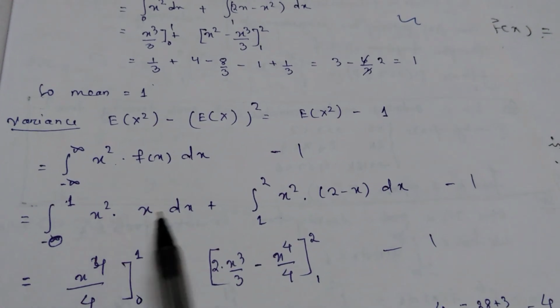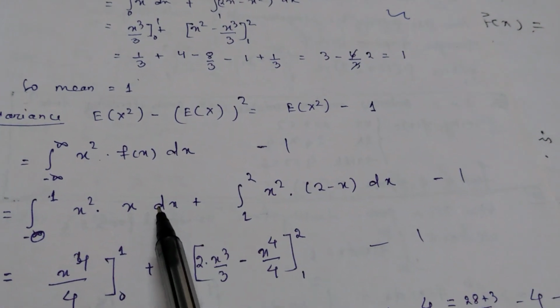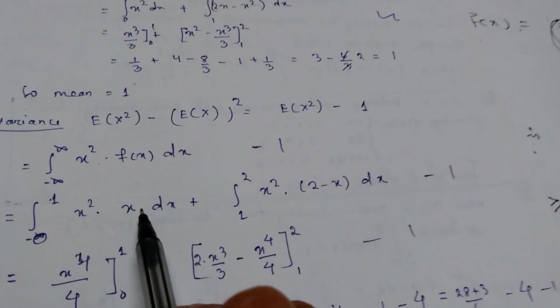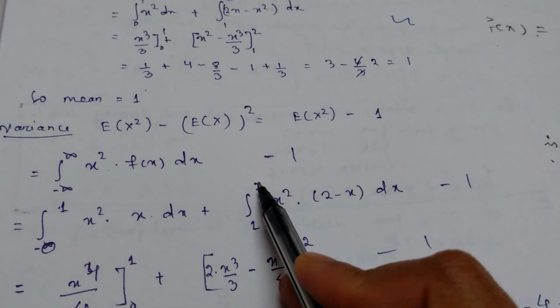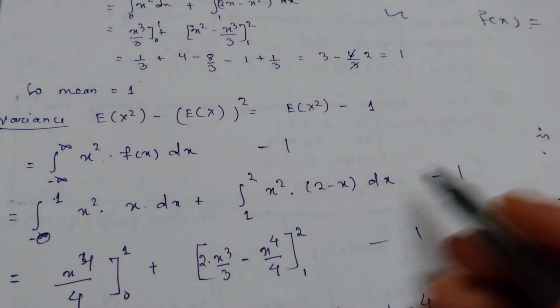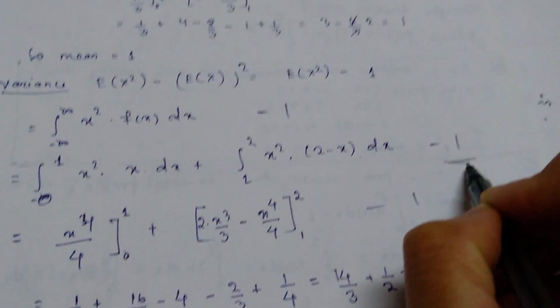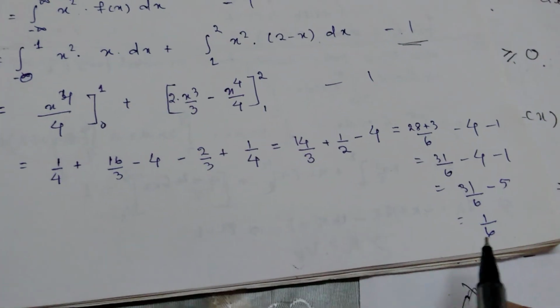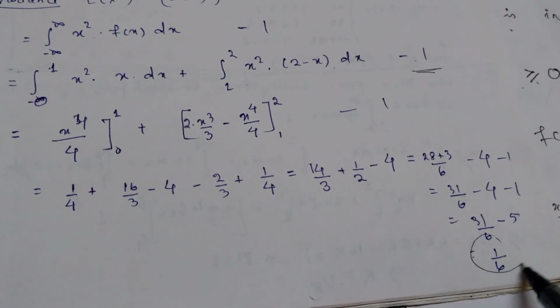Now the value of x square into f of x is x for the interval 0 to 1, and for 1 to 2 its value is 2 minus x, and this one is your e of x whole square. So just put the value and evaluate the integral and check whether the variance is 1 by 6.